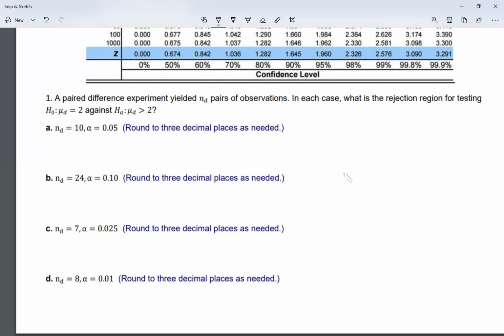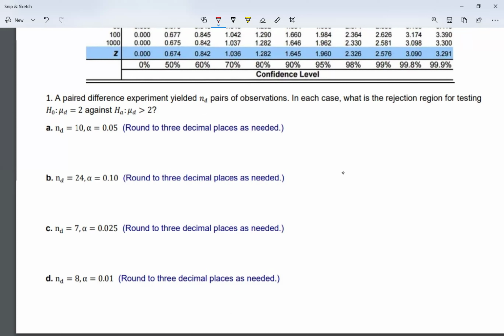It says that the mean is greater than 2, because I'm using the greater than sign. So I have a one tail, one tailed region. If I had the not equal to, then I'm looking at the two tail. Okay, so looking at the inequality, I know I'm looking at the one tail region.